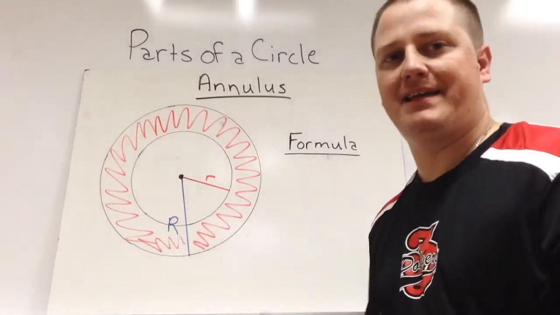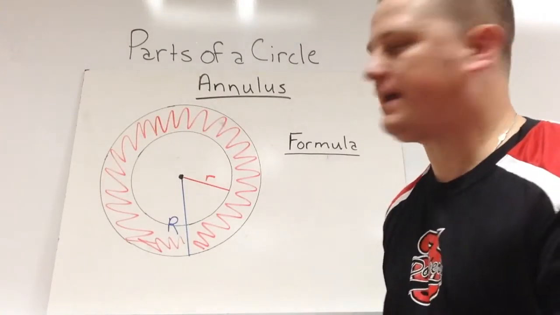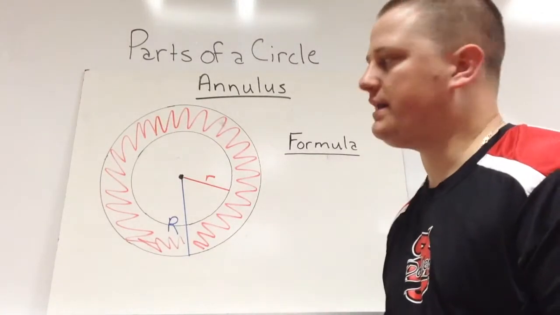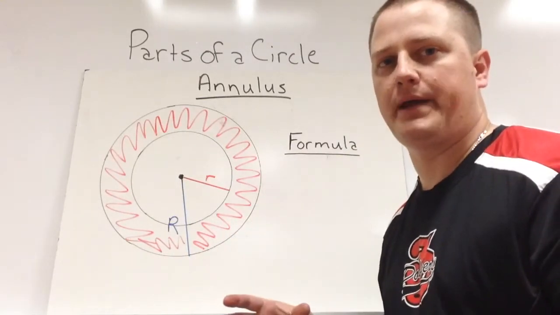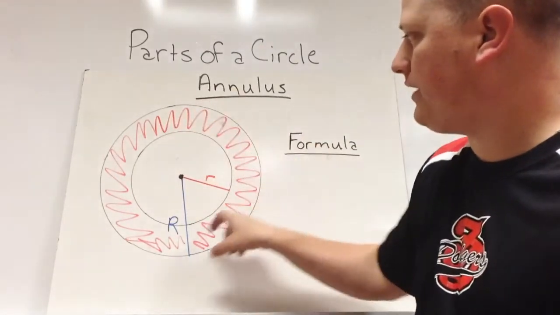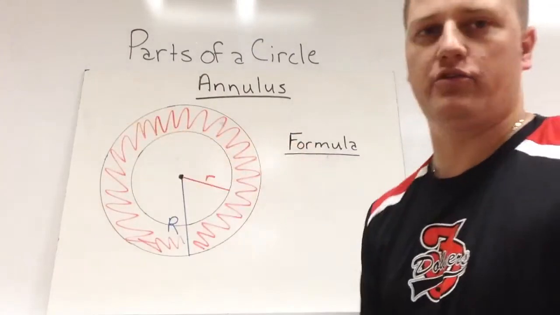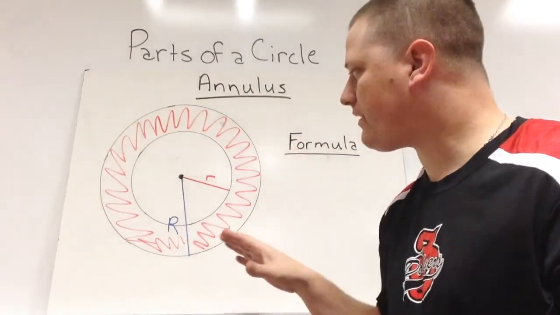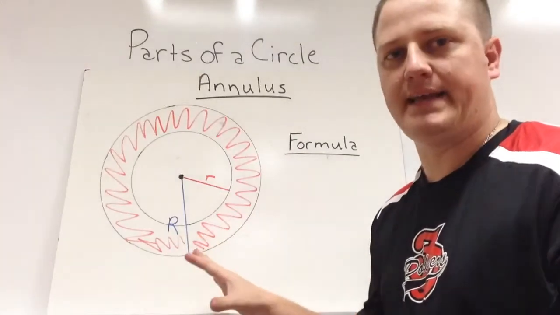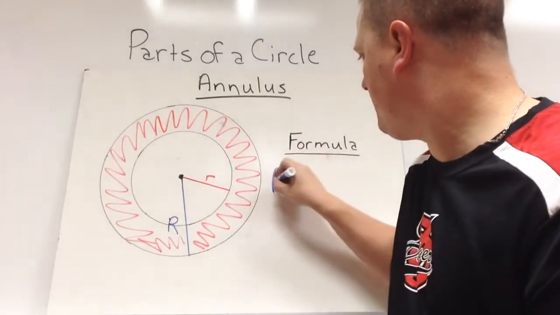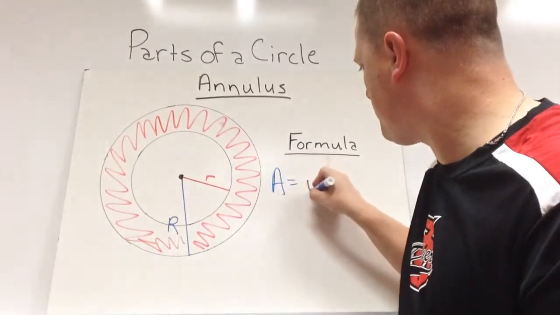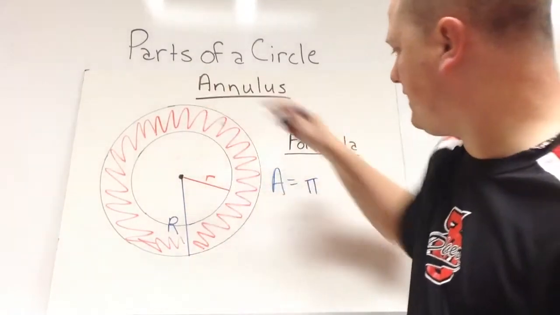An annulus I like to refer to as kind of like our donut. It is two circles that share the same center point, and it's the outer rim between the two circles. So the idea here is actually that we have the area of one circle, the big circle here.